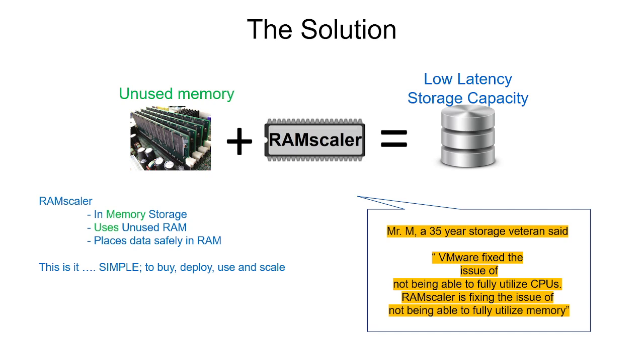So we take unused memory from each of the servers in a data center, and we cluster all of that available memory together, and we create storage capacity from that, which is then a place for data to be placed, which of course is closer to memory.